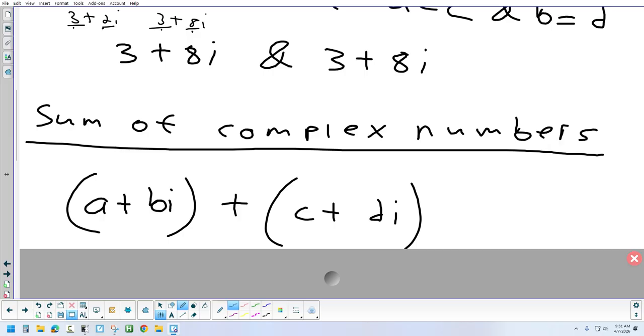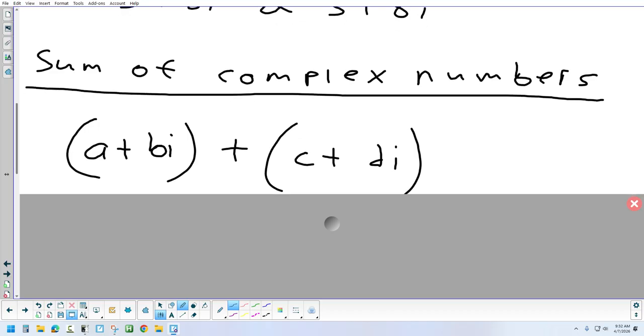The A, the B, the C, and the D, those will all be values when you do an actual problem. You can only think of it as like combining like terms. You can only combine real numbers with real numbers and imaginary with imaginary.